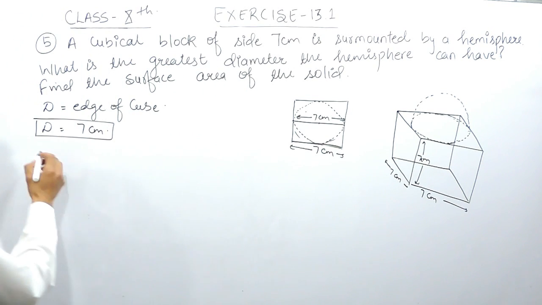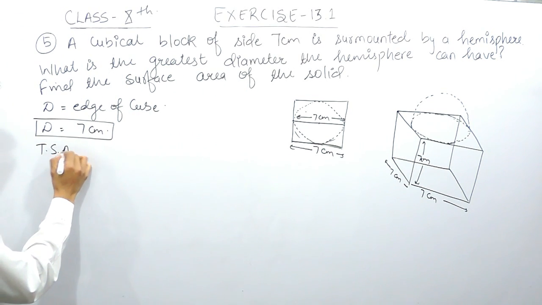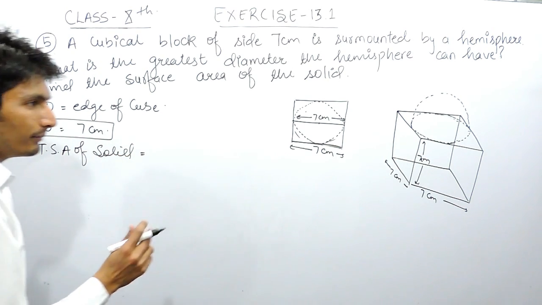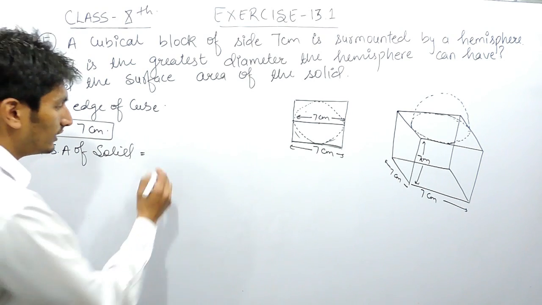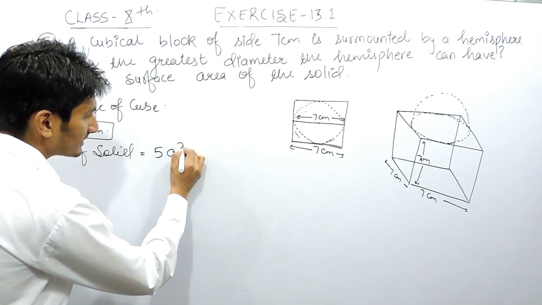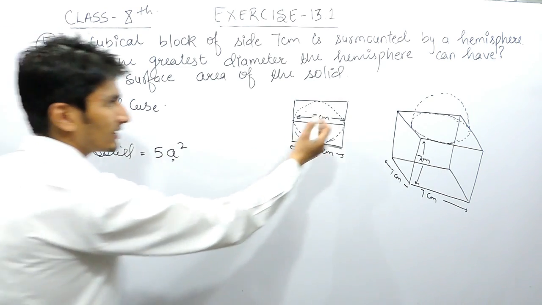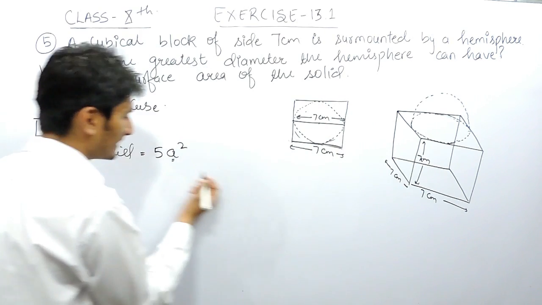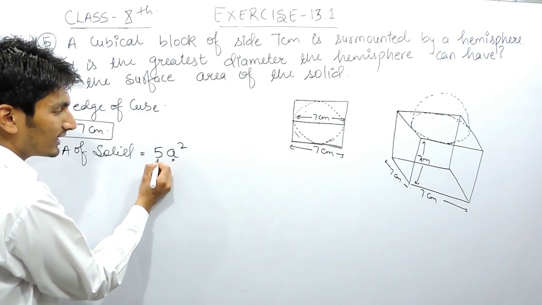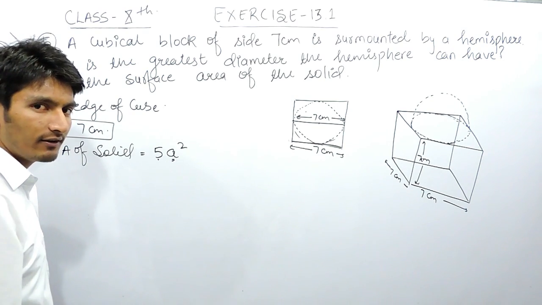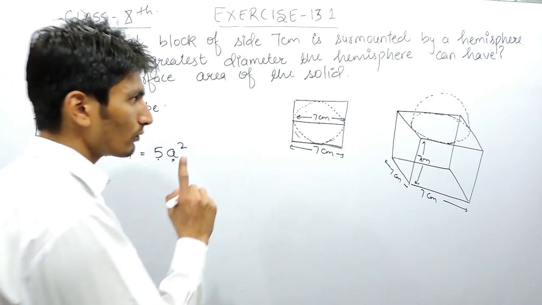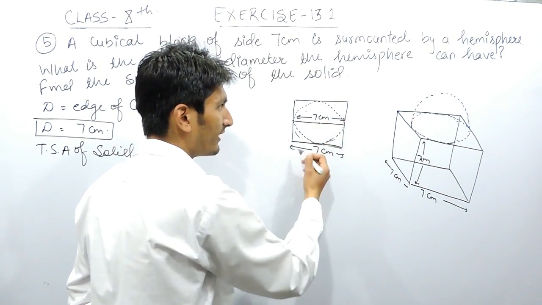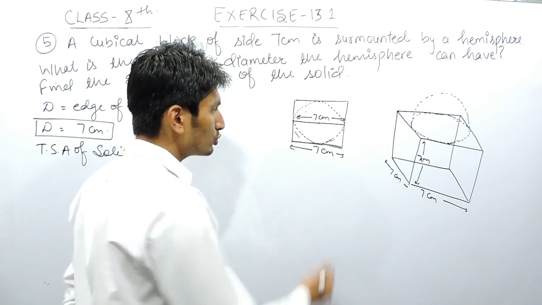So the total surface area will be, because 5 faces are clearly visible, the area of one face, which is a square, side square, multiplied by 5.